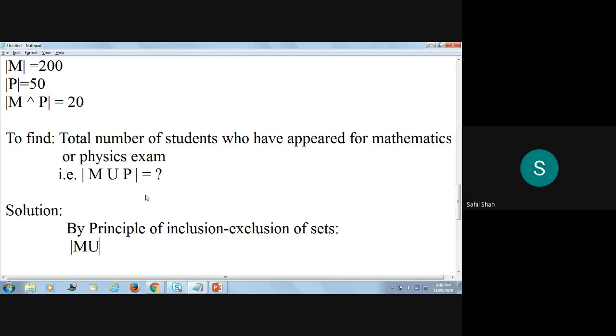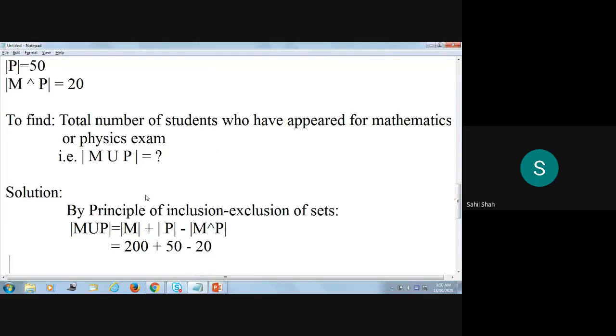Cardinality of M union P is equal to cardinality of M plus cardinality of P minus cardinality of M intersection P. So this is equal to 200 plus 50 minus 20. So I'm getting my result as 230. This is M union P. Okay.